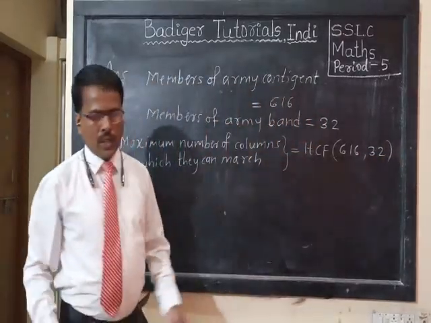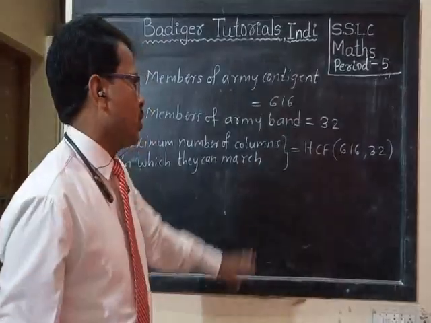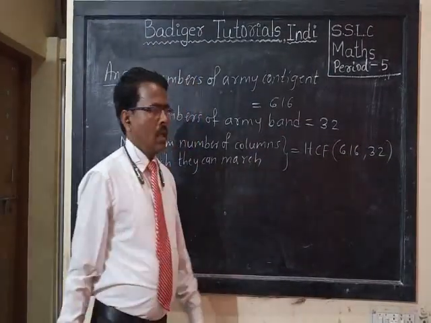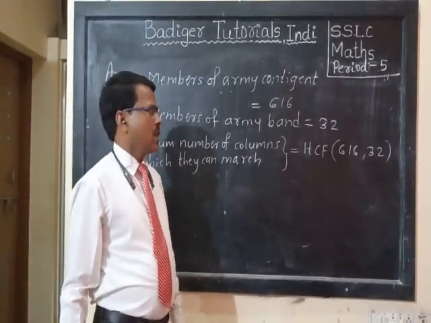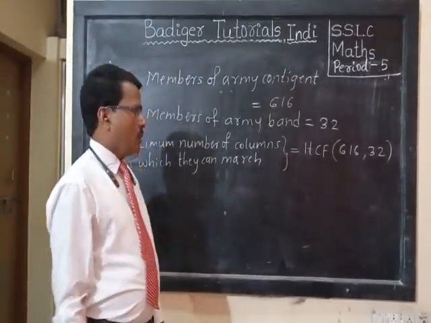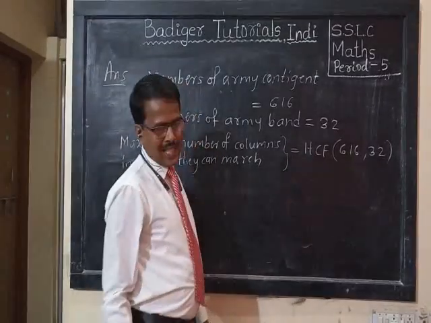You can use any method to find HCF, but since this question is on Euclid's division lemma, we shall use Euclid's division algorithm to find this. I'll use the short method to find the HCF.